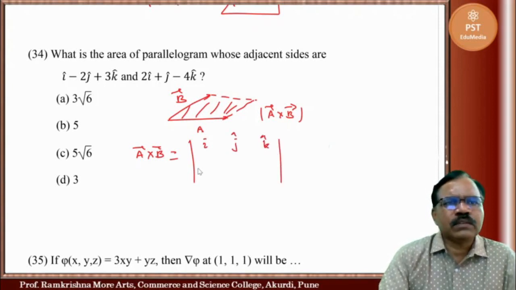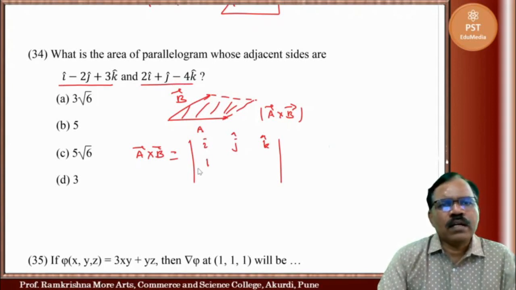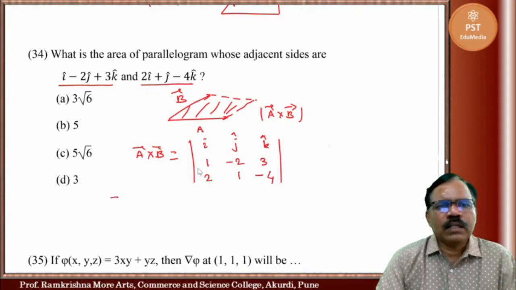Now this first row is A vector, this one is B vector, so we'll get here 1 minus 2 3, 2 1 minus 4. Now let us solve this.